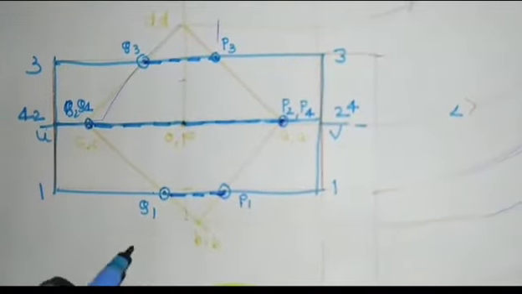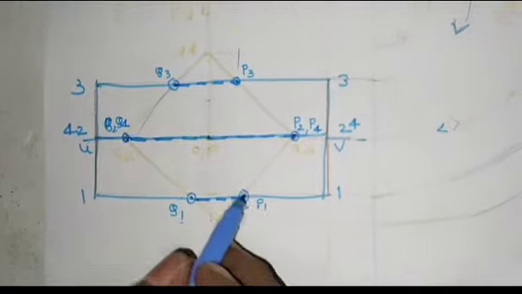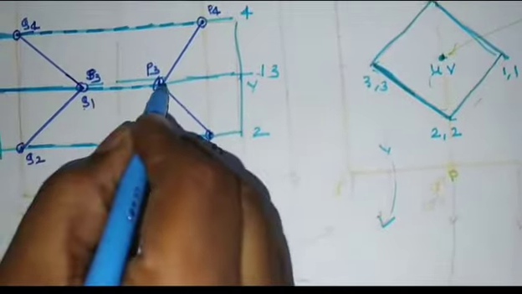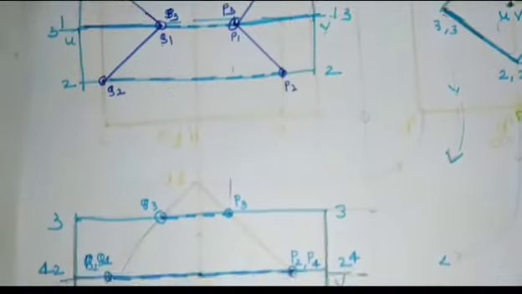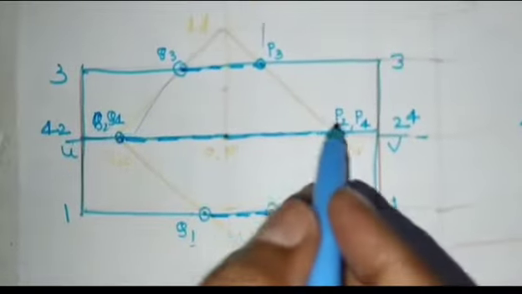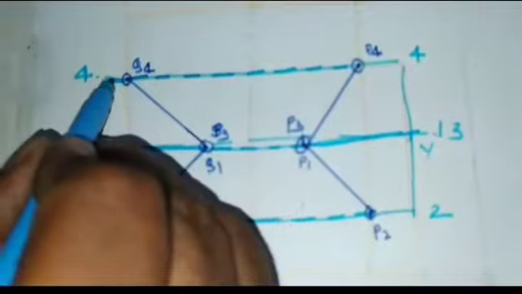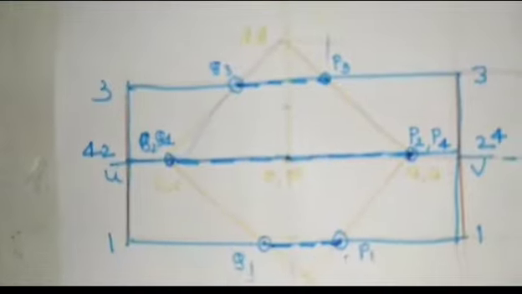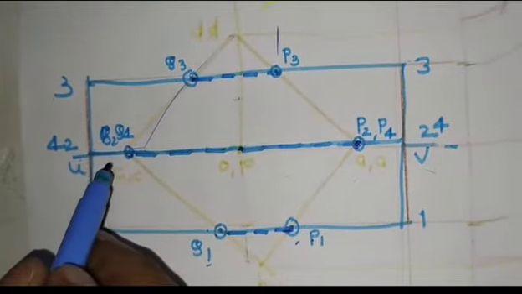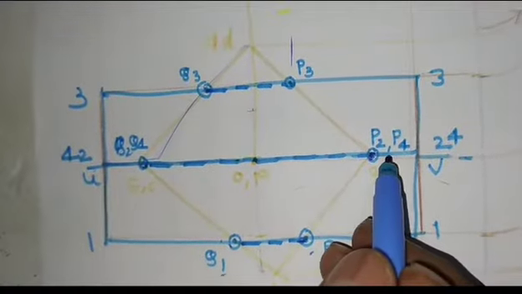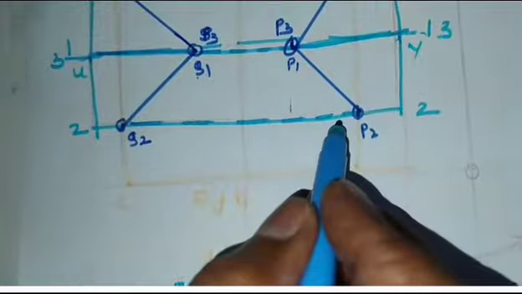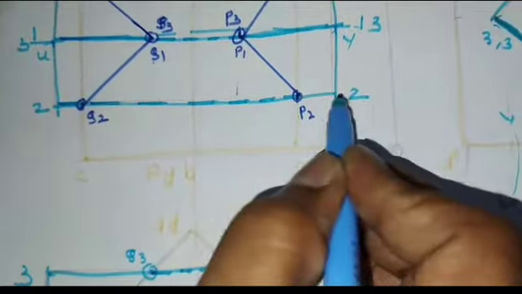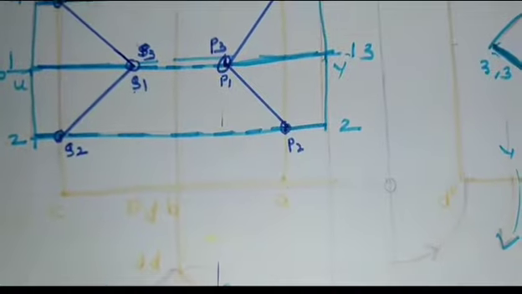Now if you observe carefully, Q1 and P1 is dotted. Here Q1 and P1 is dotted, and apart from this line is dark. Here Q4 to P4 is dotted. This is the dotted and this will be the dark line. Here Q2 and P2 is dotted inside the vertical cylinder, and 2 to Q2 will be dark, 2 to P2 will be dark.